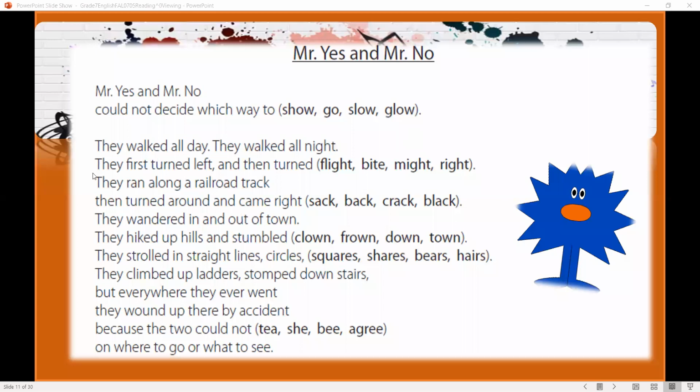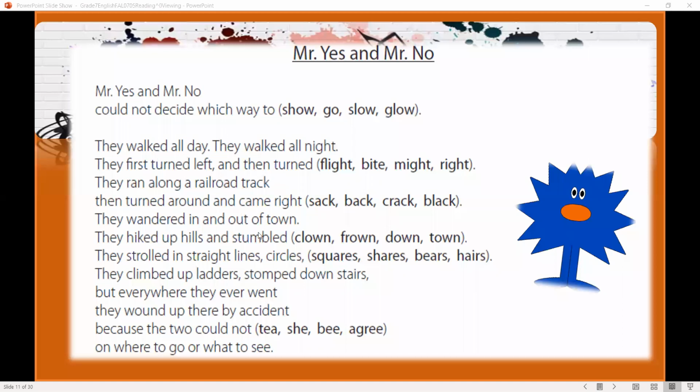Right. Okay, so they first turned left and then turned right. They ran along a railroad track, then turned around and came right, sack, back, crack, black. There we go. Then turned around and came right back.